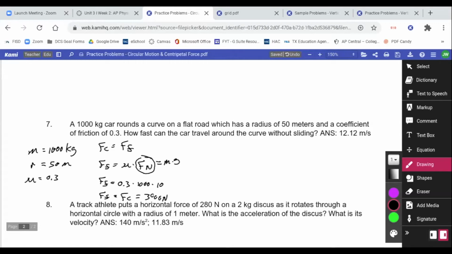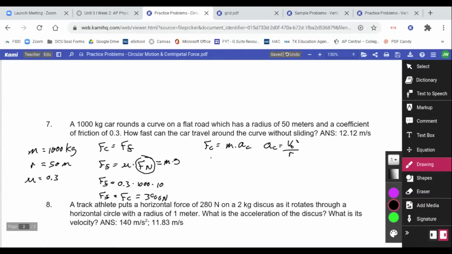Okay, so we've got our centripetal force, and we know that centripetal force is equal to mass times centripetal acceleration. I'm explaining this more than I did the other one, my fault. Centripetal acceleration is equal to v squared over r.